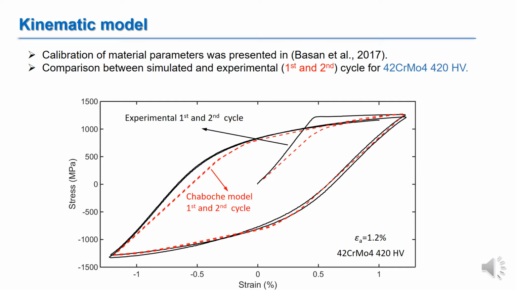The black line presents the experimental stress-strain curve, while the red line presents the curve calculated with the parameters estimated for the Chaboche model. Here only the first two cycles are presented. As can be seen from the comparison, a good agreement is obtained between experimental and simulated curves. Similar fitting was also obtained for other hardness levels and strain amplitudes.